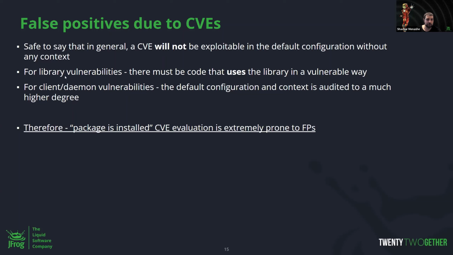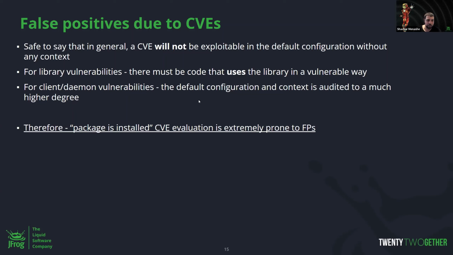So like I said before, for library vulnerabilities, there has to be code that actually uses the library in some vulnerable way. And for client daemons, the default config and context is usually audited to a much higher degree, so usually the vulnerabilities don't affect the default config and context, unless of course it's a very new daemon and it's not robust yet.